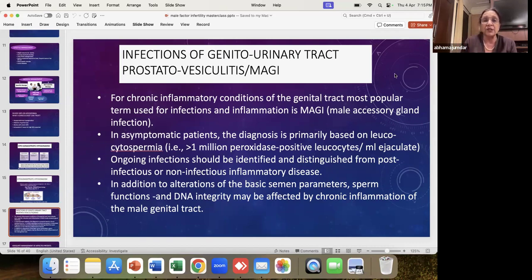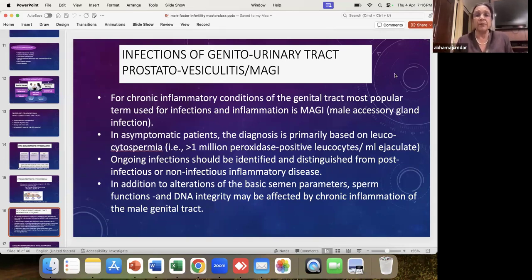All granulocytes produce peroxidase, and this can be seen by a test, by a reagent which is added to the semen which you've given for semen analysis. And if they see more than 1 million round cells, they have to do a peroxidase test which will show up all the peroxidase positive leukocytes, and hence we would know that these are not immature cells, these are infected cells.